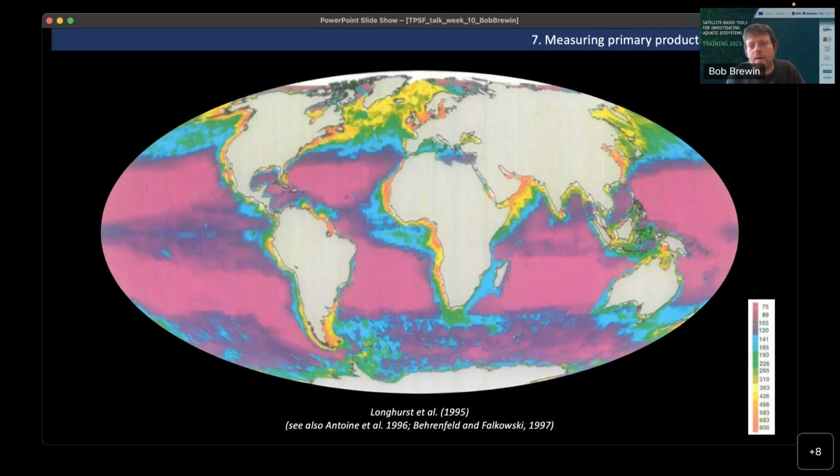At the time, they quantified global primary productivity to be around 40 to 50 gigatons of carbon per year, which, nearly 30 years later, is a number that we're still arriving at with our satellite observations.